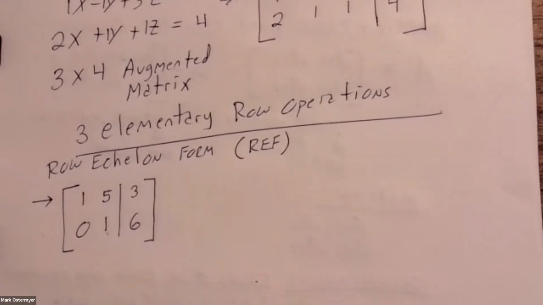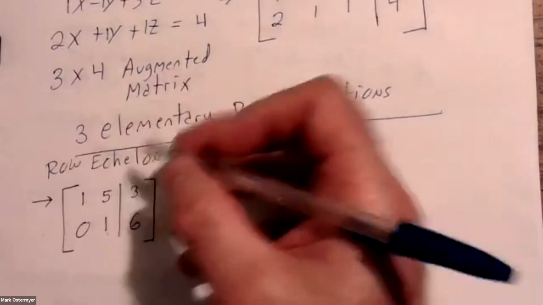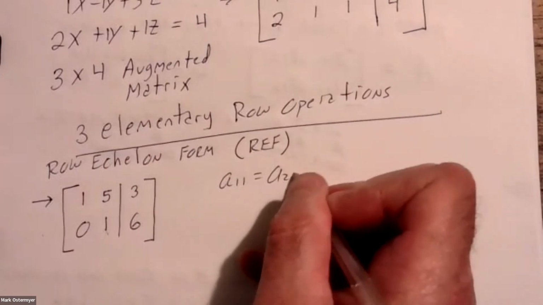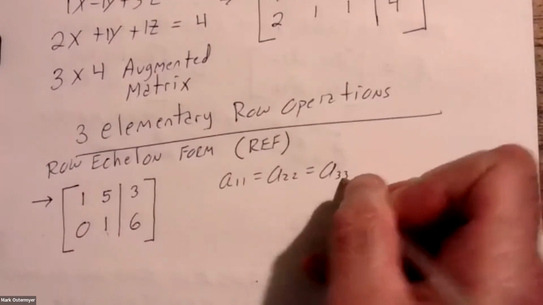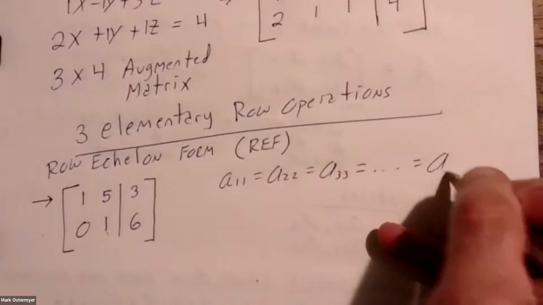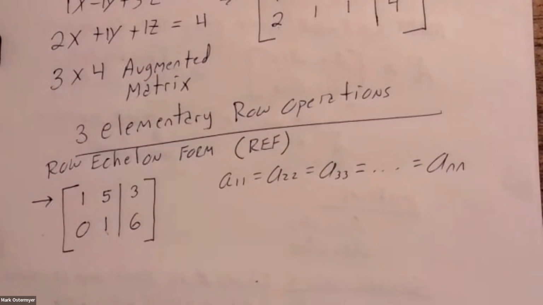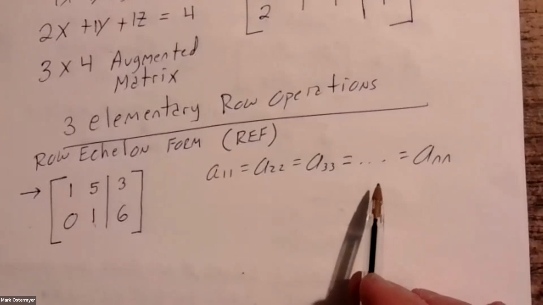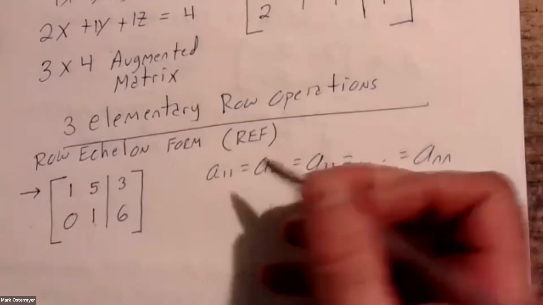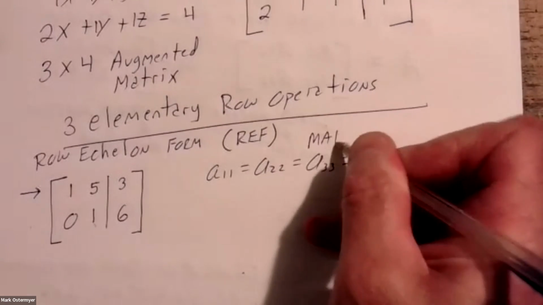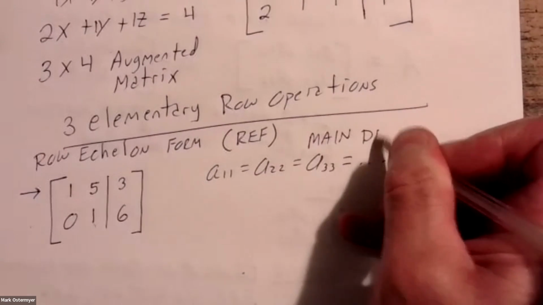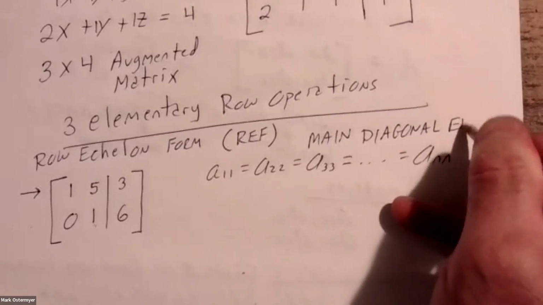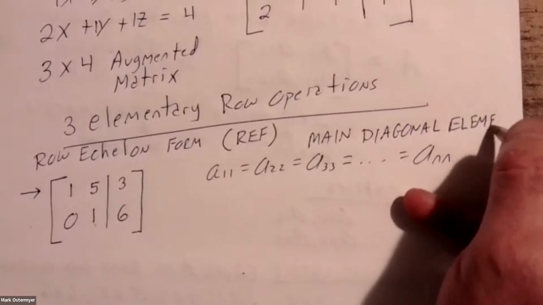Everybody see that there? Furthermore, ladies and gentlemen, we call the entries of a matrix the 1-1 entry, the 2-2 entry, the 3-3 entry, the n-n entry, depending on how many rows and columns you have in your matrix. We call these entries the main diagonal entries, or main diagonal elements, of a matrix.